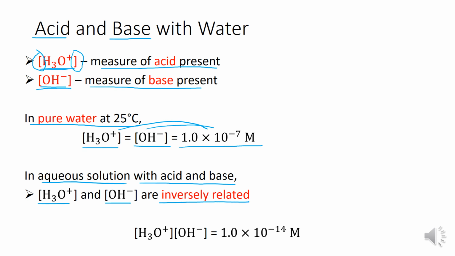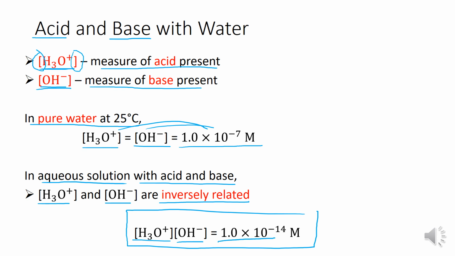That relationship is given by this equation. So we have the hydronium ion concentration. If we multiply that by the hydroxide ion concentration, we get 1 times 10 to the negative 14 molarity, which is a constant. So if we increase the hydronium ion concentration, the hydroxide ion concentration should decrease. And if we decrease the hydronium ion concentration, the hydroxide ion concentration should increase.